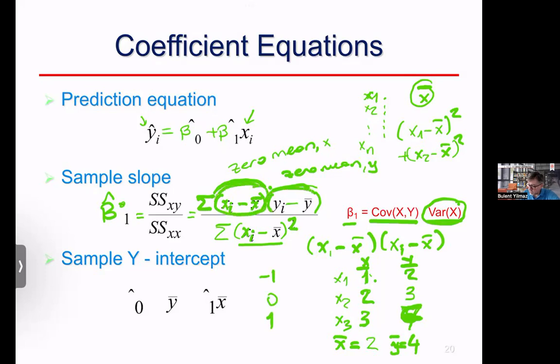Now I'm going to find this one: 2 minus 4 is minus 2, 3 minus 4 is minus 1, 7 minus 4 is 3. Now I'm going to multiply these, which gives 2, 0, and 3. What is the total value? 5. This is my covariance.